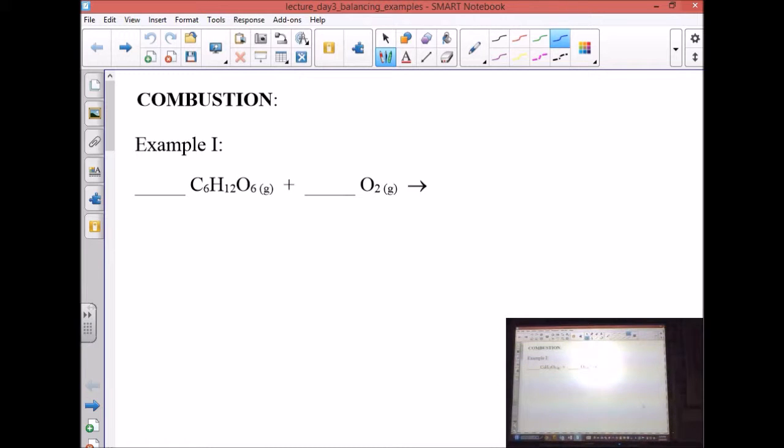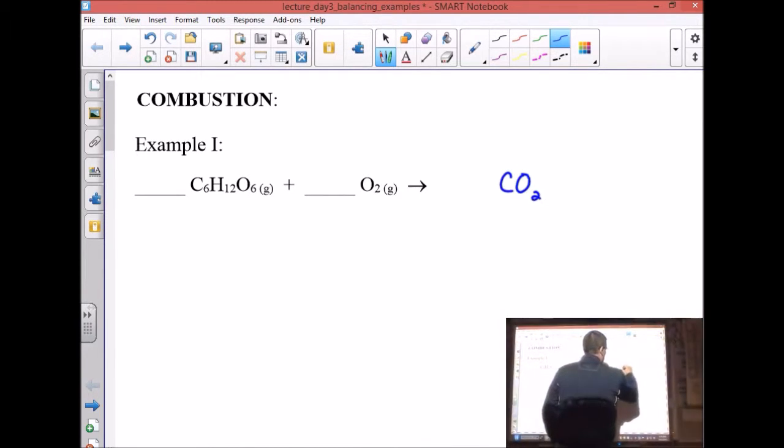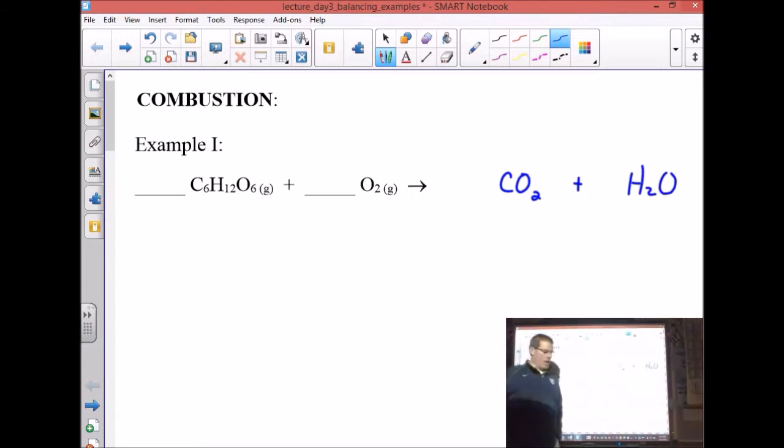Here's how you figure it out. How many different elements are in this? With a synthesis, you'll have 1 kind of element here, 1 kind of element there. Also, you have carbon and hydrogen and oxygen. So, what are the products again? Carbon dioxide and water. There you go. Or HOH, that'll work. That'll be fine.